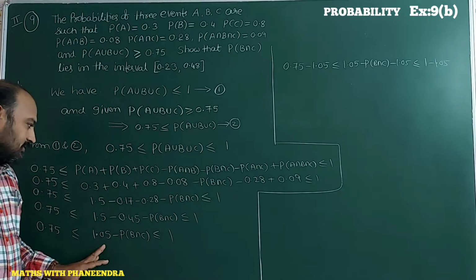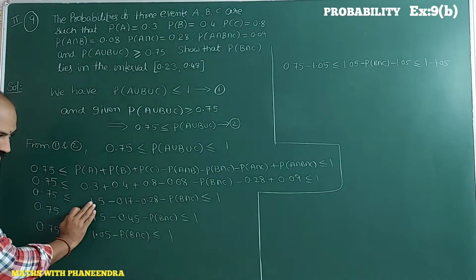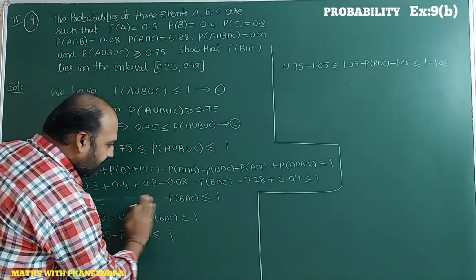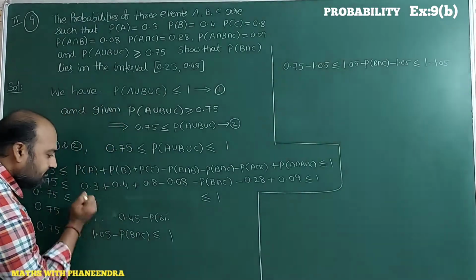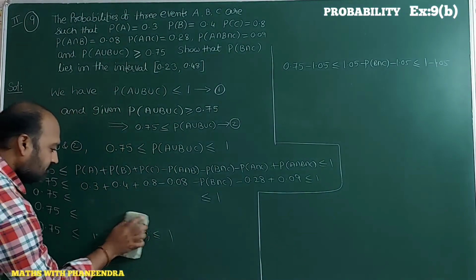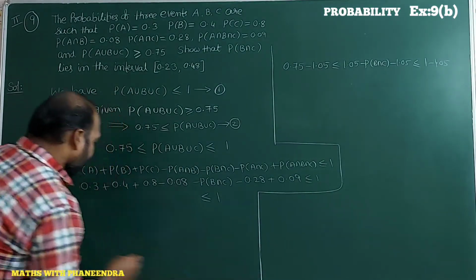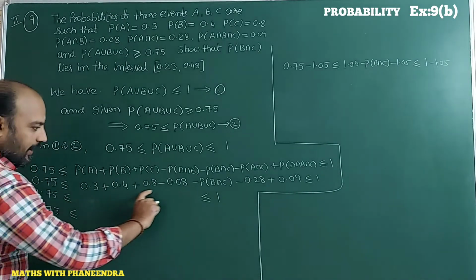Dear students, after this value, here we need to change it. Why? Because we did not write the terms correctly. Otherwise, we will make it like this: 0.3, 0.4, 0.8. First, we have to add these values.